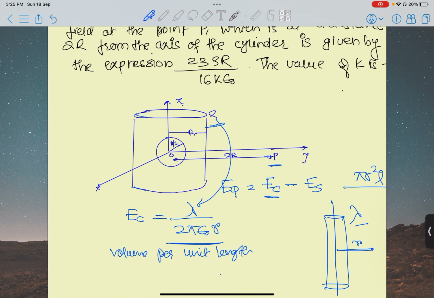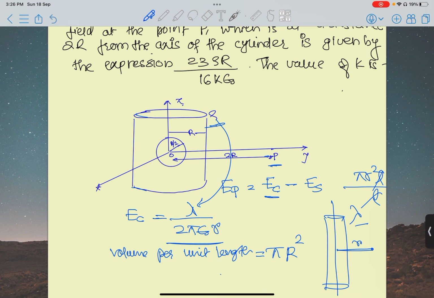And what will be the volume per unit length? We will have to divide it by L. L will get cancelled. So volume per unit length of the cylinder is pi, and now R is capital R over here, so it is pi R square.